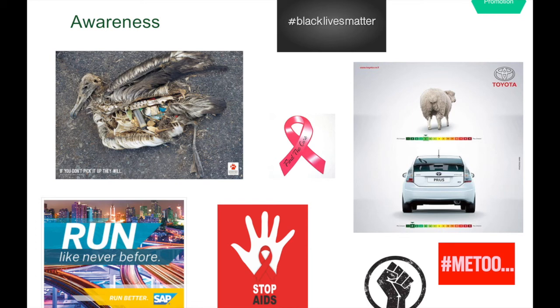On the right-hand side, that's the Toyota example, or that's a Toyota ad, and this is really raising awareness of how much pollution a car actually has. And this would be the awareness that there are cars that are polluting significantly less, in this case even less than a sheep.